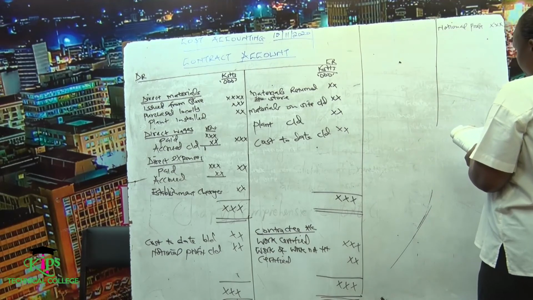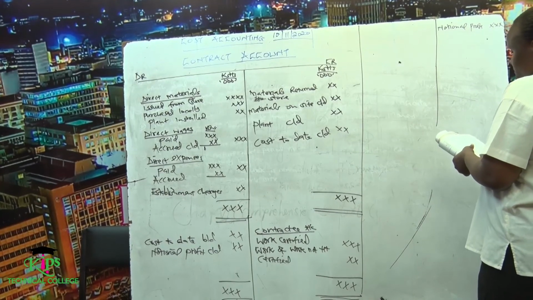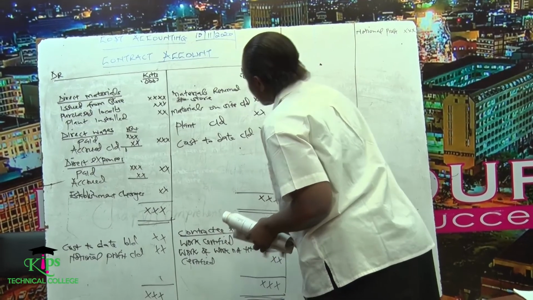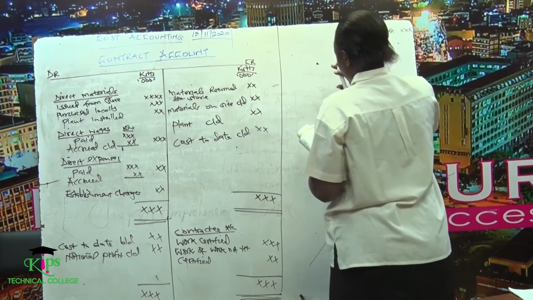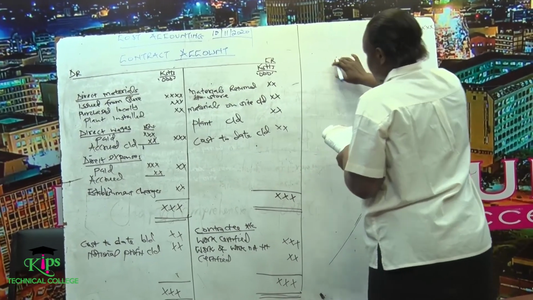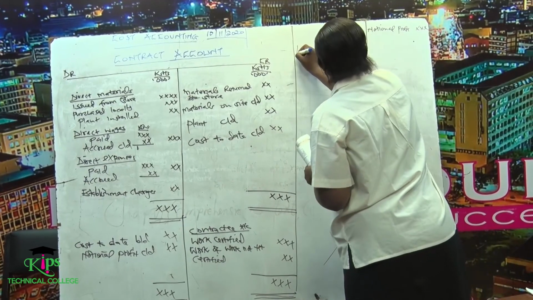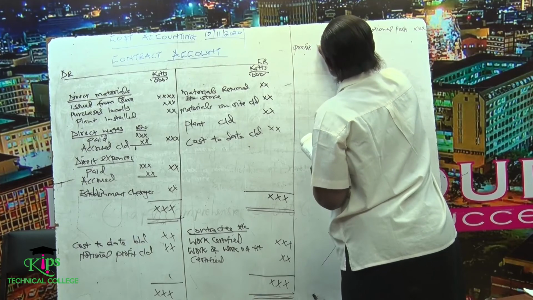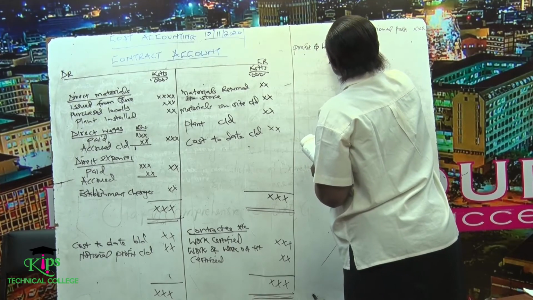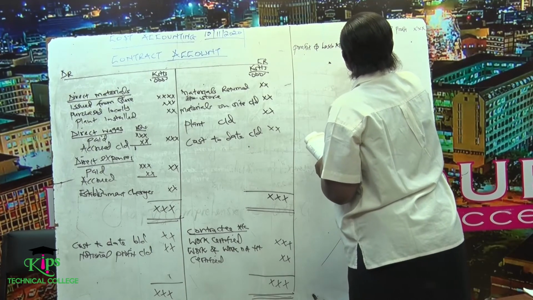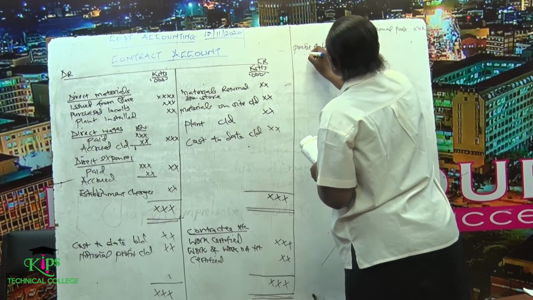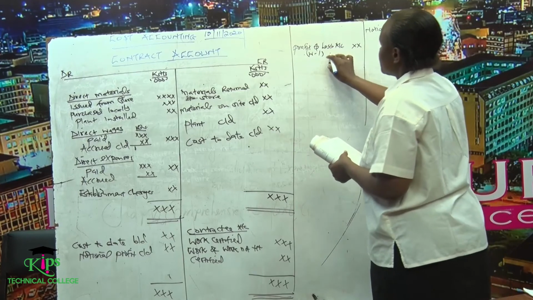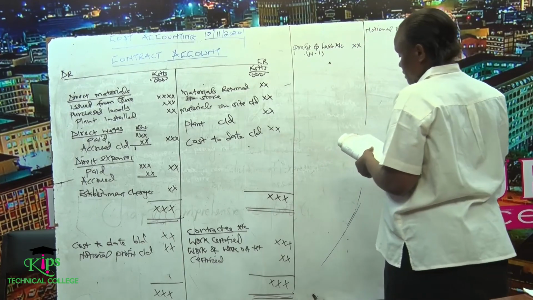After getting the notional profit, there is a profit which I want to get from the contractee account. We write it on the debit side. You are supposed to know where you get this from. You must determine it because I've given you the formula.